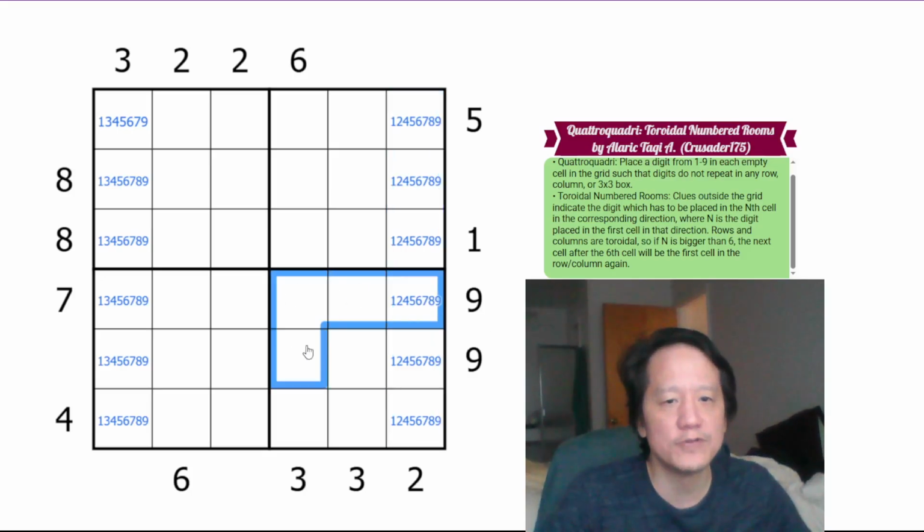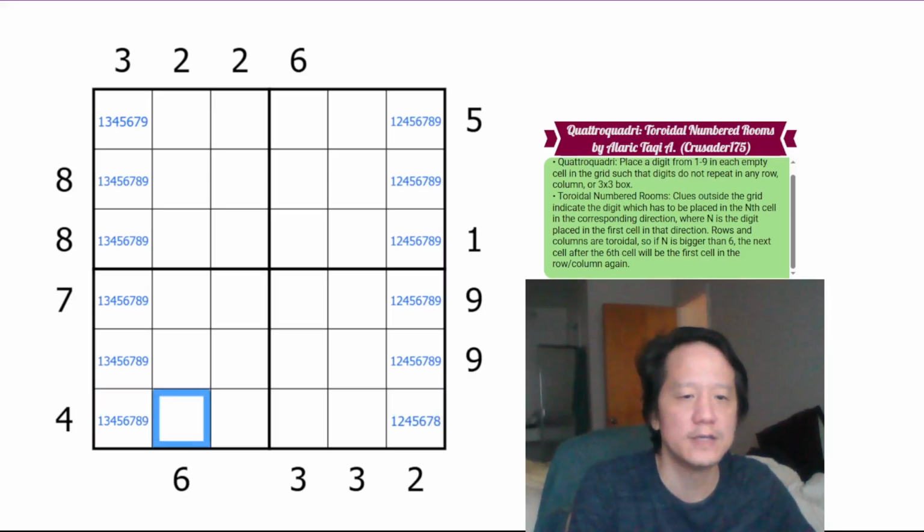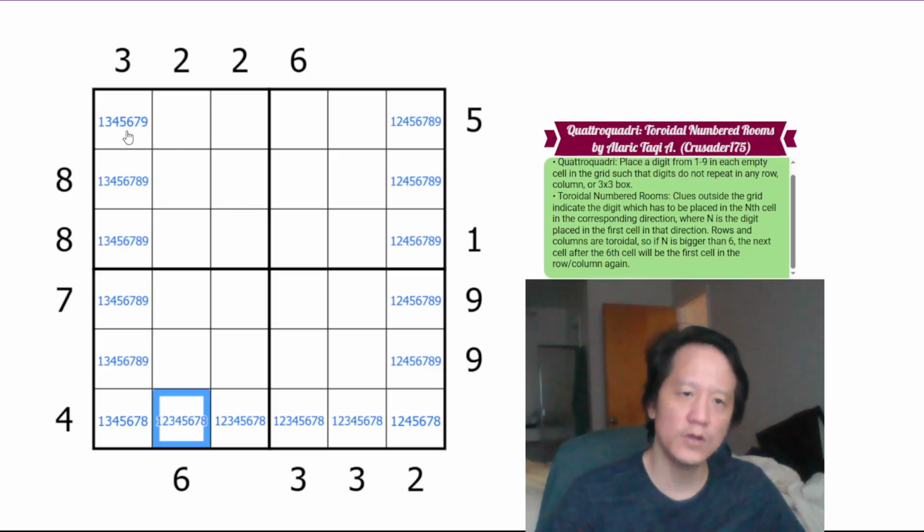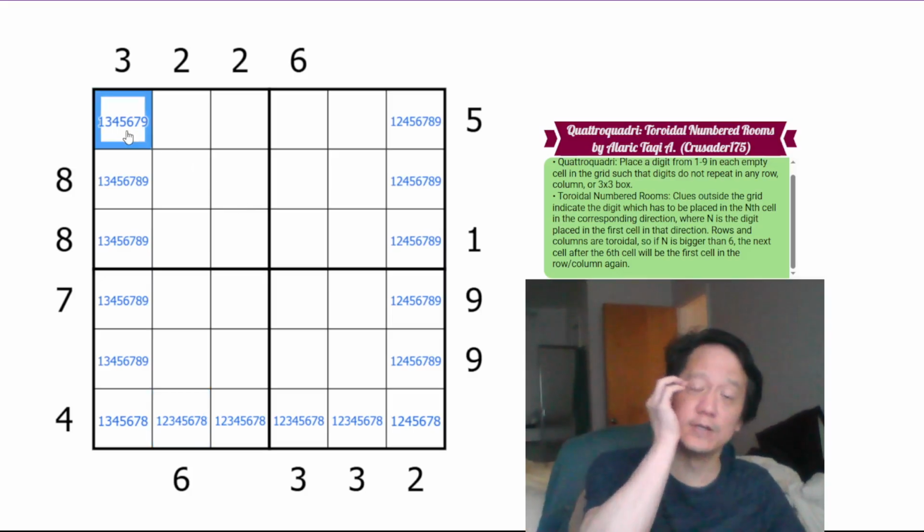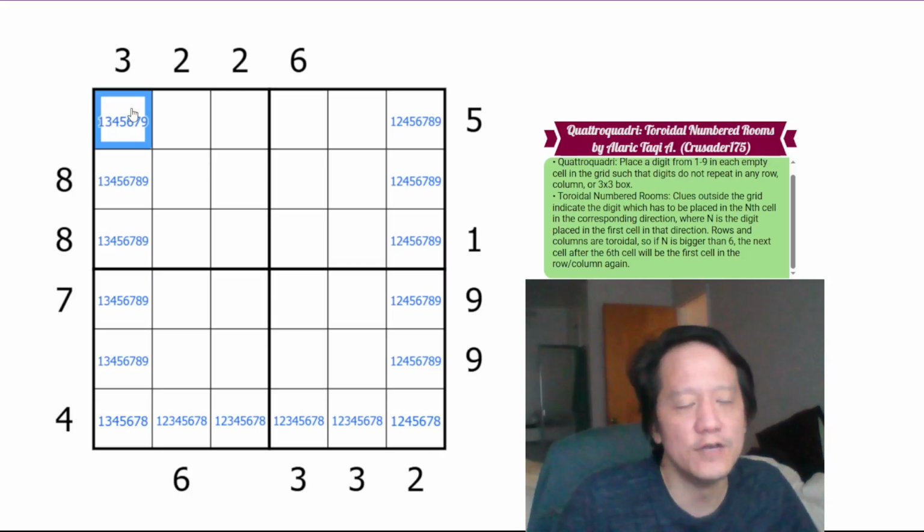We also have the same with the 9s in rows 4 and 5, right? So this cannot be 9, and this can't be 9. So these can never be 9. We have 1, 2, 3, 4, 5, 6, 7, 8. These could be 2. What digit can this be is kind of a question, right? If it's 1, that's saying 3 has to be in the first position, which is obviously not going to work.